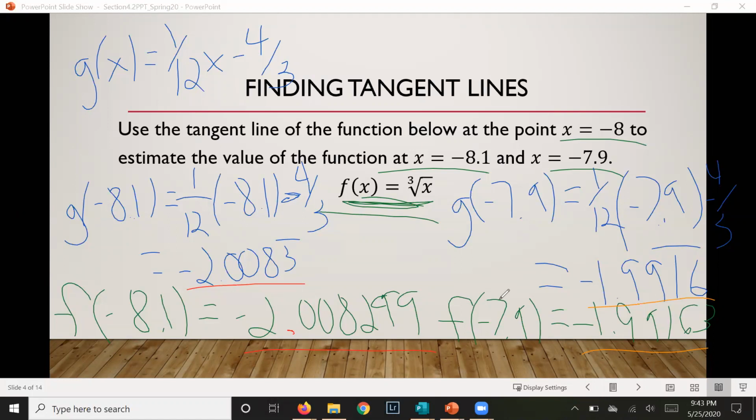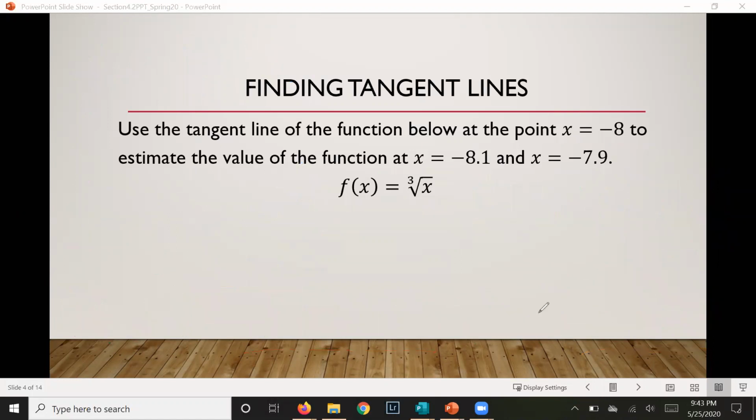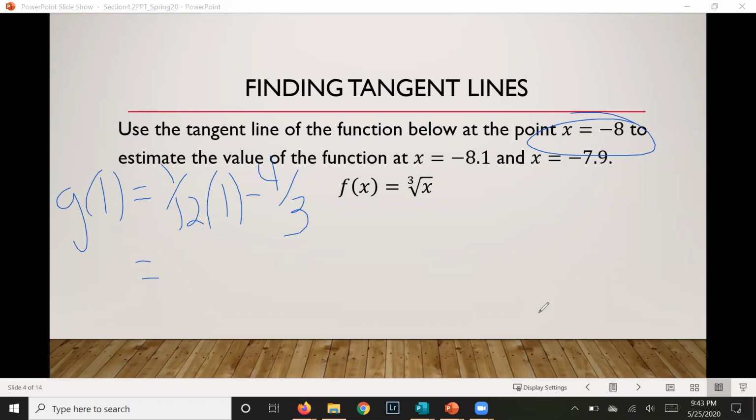Now, I want to reiterate that this only works for values close to the point where we found the tangent line. So let's plug in, say, 1 now. I'm going to do g of 1, so plug that into the equation of my tangent line. I'd have 1/12 times 1 minus 4/3.